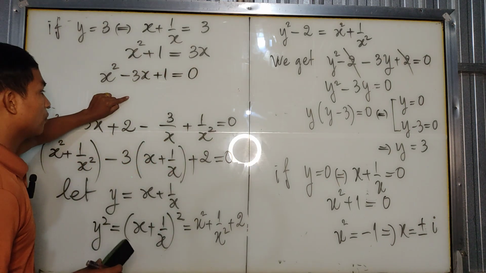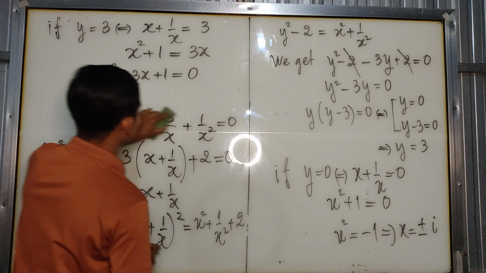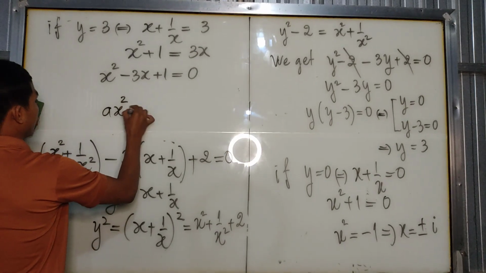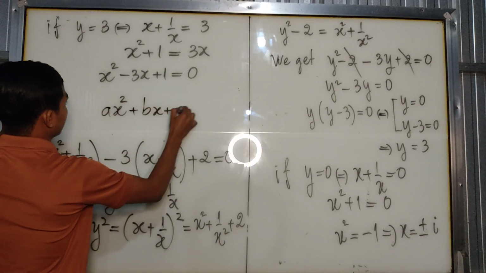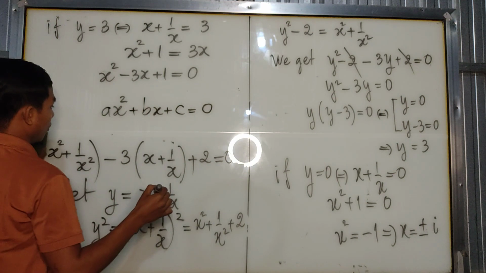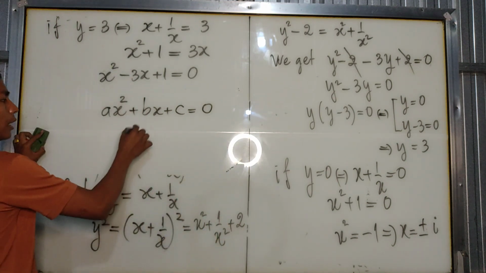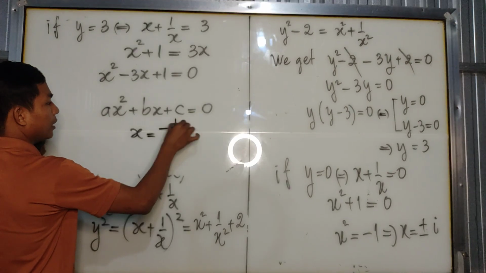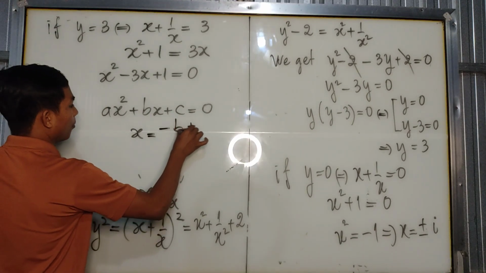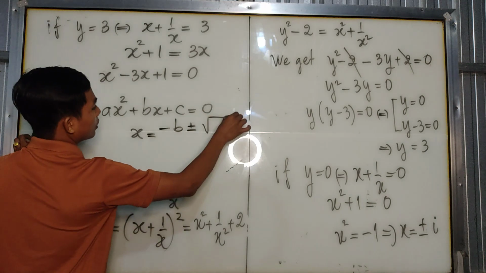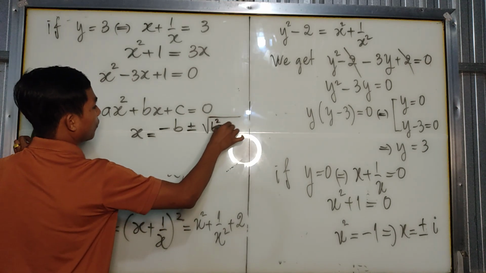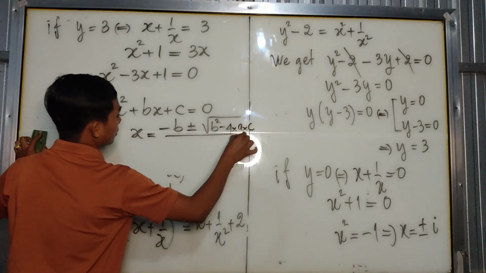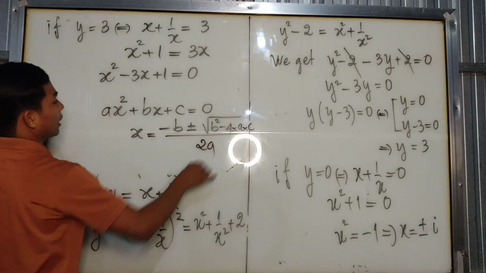And now we can use the rule that for ax squared plus bx plus c equals 0, we get x equals minus b plus or minus square root of b squared minus 4ac, divided by 2a.